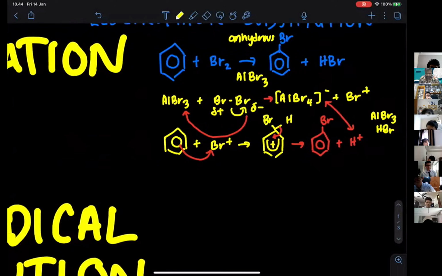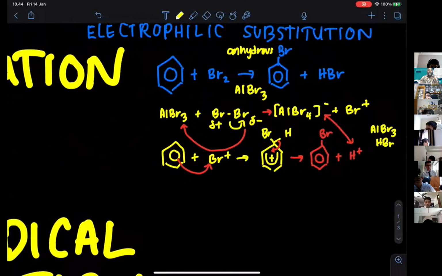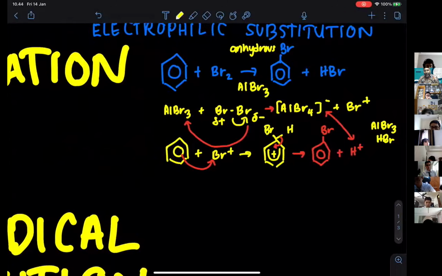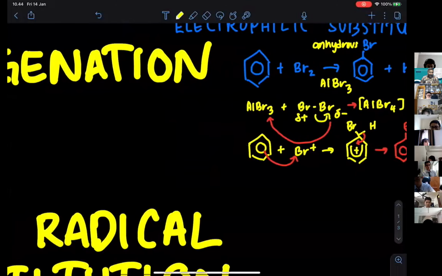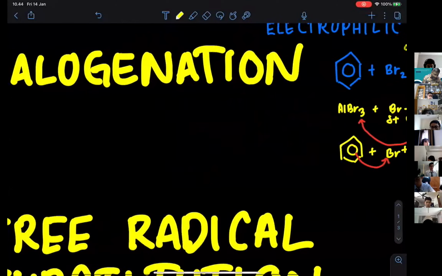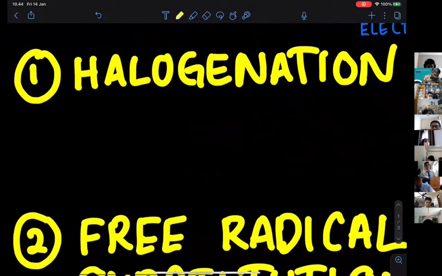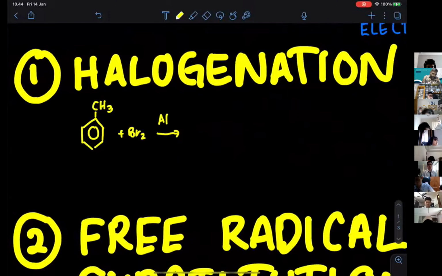Now, if I want to represent this reaction for methylbenzene, it's going to be like this. Methylbenzene still reacts with the Br2, and it still requires the AlBr3 catalyst. But the methyl group is going to be 2,4,6 directing.